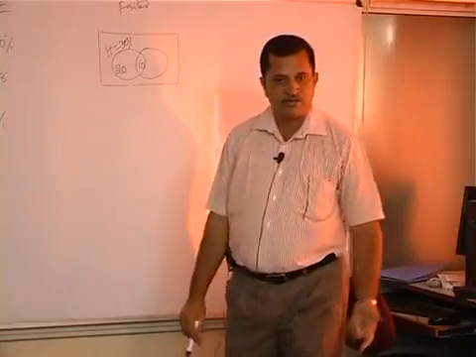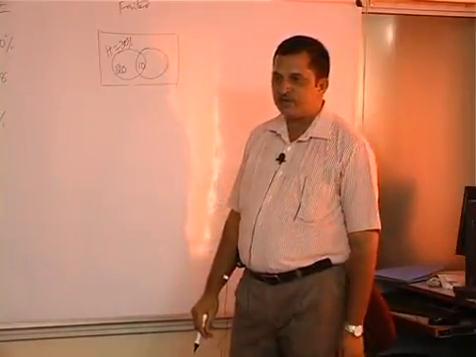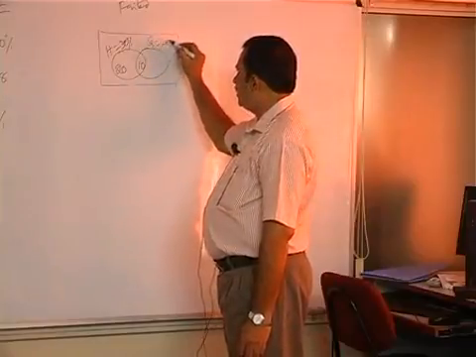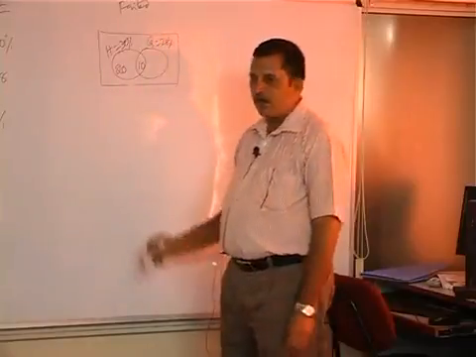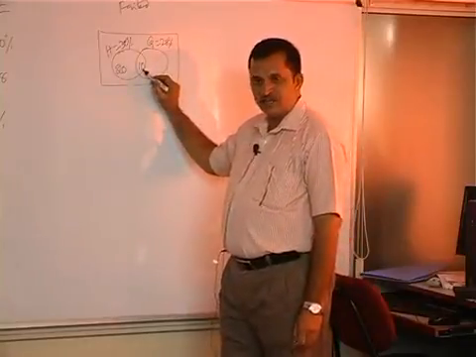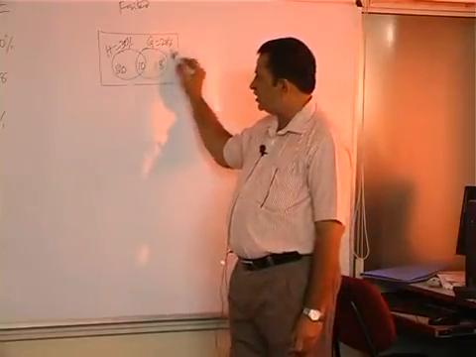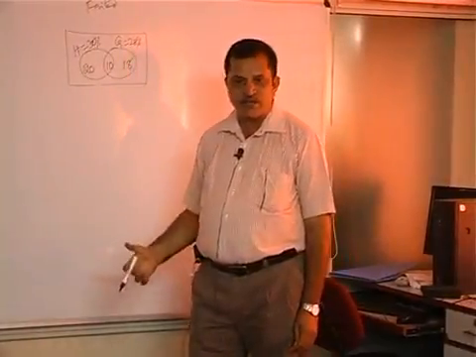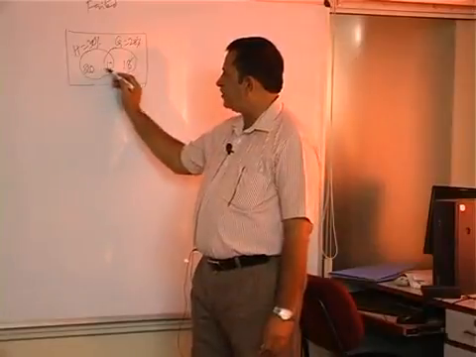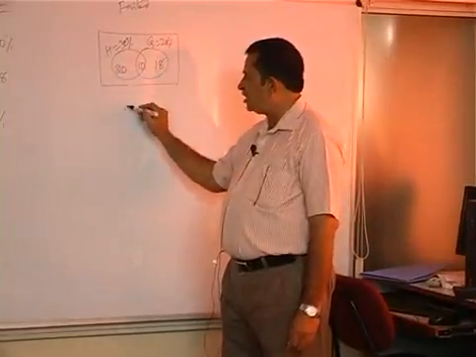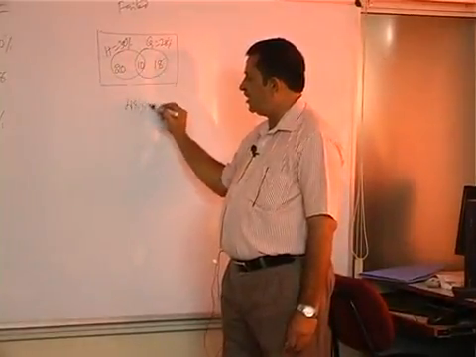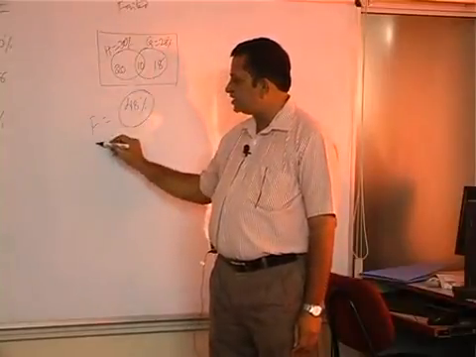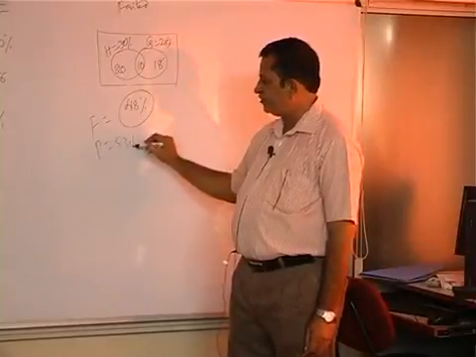Put together 30% failed in history. Similarly, in geography 28% means already 10% are there with history. Only geography 18. So if he fails in one paper or two papers, fail is fail. 20 plus 10, 30 plus 18, 48% is the fail percentage. 48% is the fail percentage means what is the pass percentage? 52%.